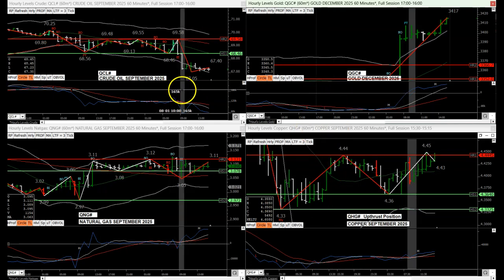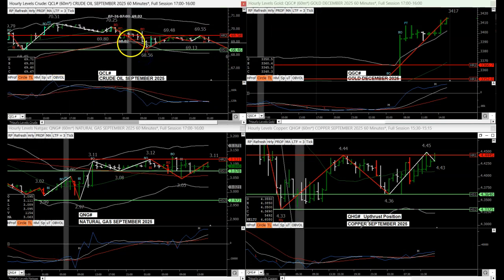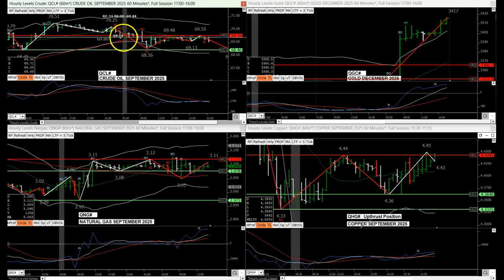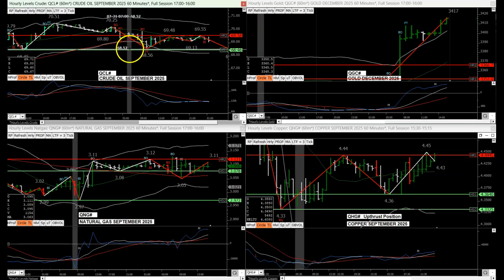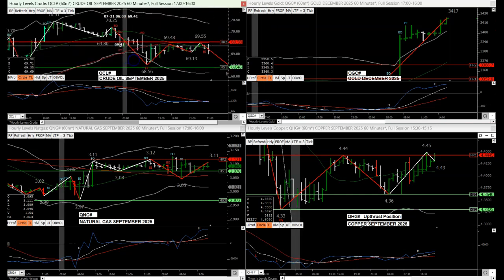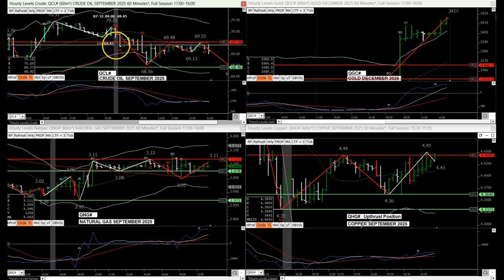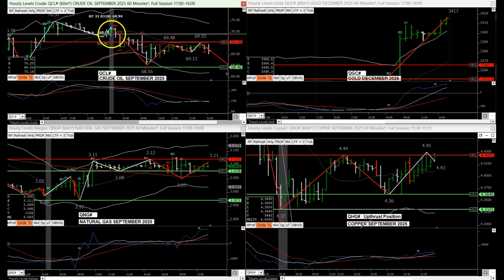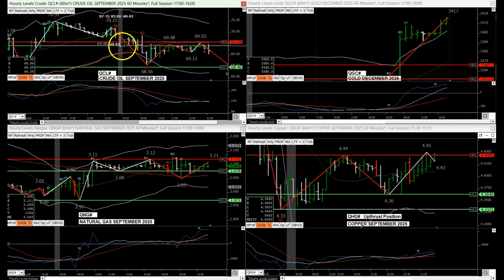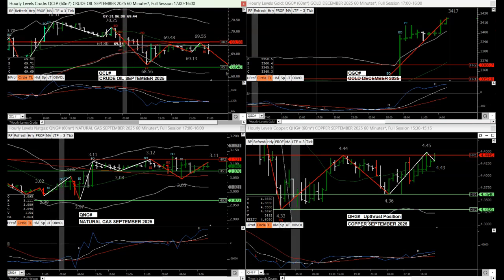So over here, for example, when price was doing this shake, it was going sideways, right? You see this range in crude? When we look at this range, how many red bars to green bars? Okay, 1, 2, 3, 4. How many green bars? 1.